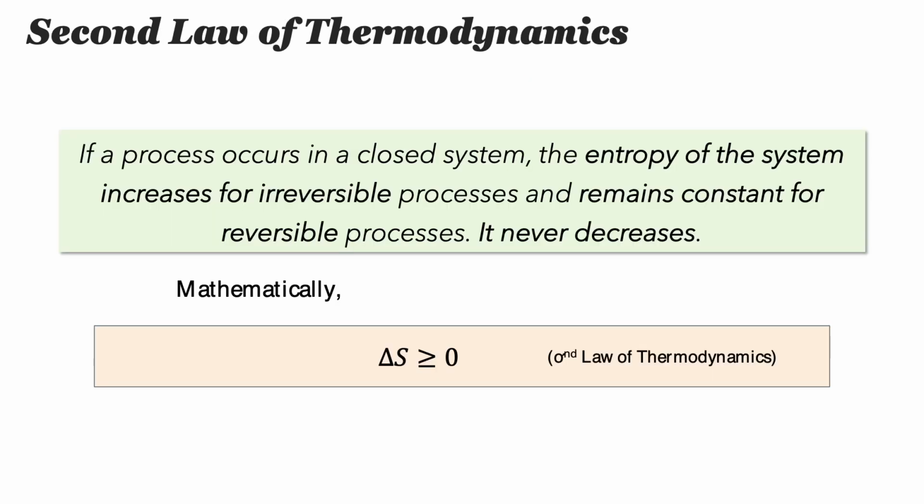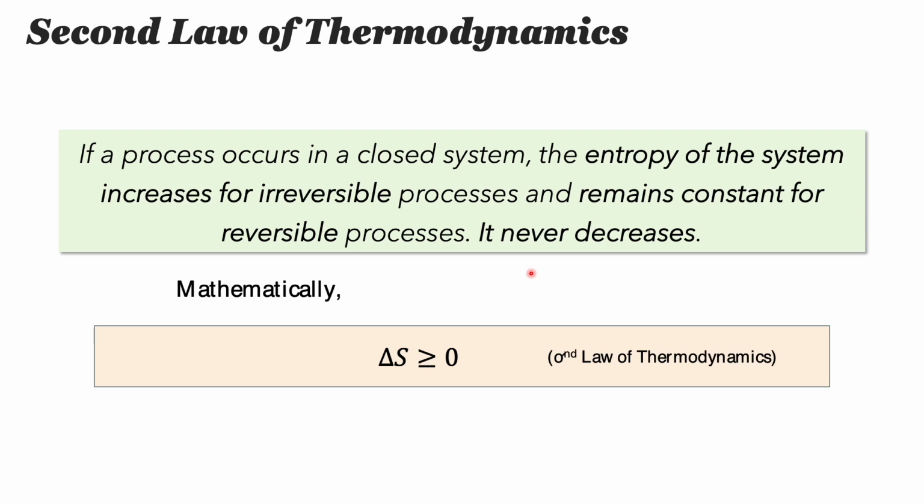Now, the second law of thermodynamics is also called the law of entropy. It states that if a process occurs in a closed system, the entropy of the system increases for an irreversible process, and remains constant for a reversible process. It never decreases.